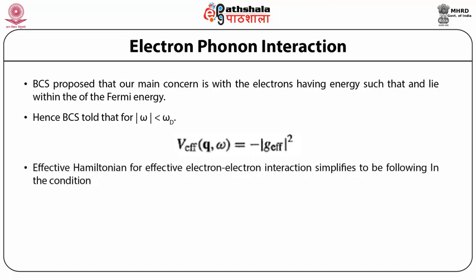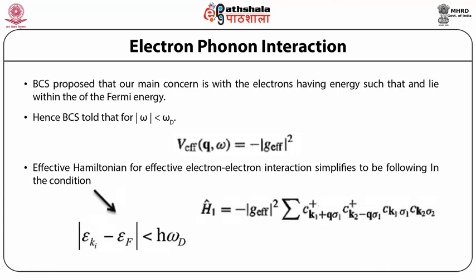So the effective Hamiltonian for the electron-electron interaction simplifies to H1 equal to minus mod g effective squared, summation over a product of 4 operators, that is two creation operators c dagger k1 plus q sigma 1 and c dagger k2 minus q sigma 2, into c k2 sigma 2 and c k1 sigma 1. And remember the condition under which it is effective is that mod of epsilon_ki minus epsilon_F, where epsilon_F is the Fermi energy, is less than h cross omega_D.